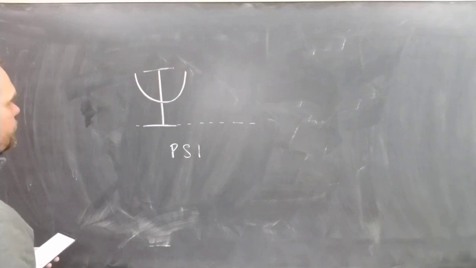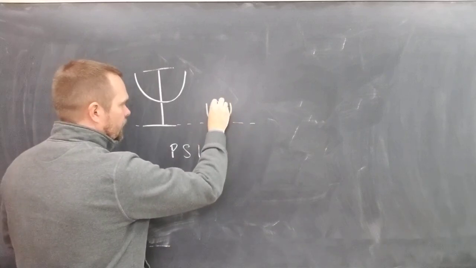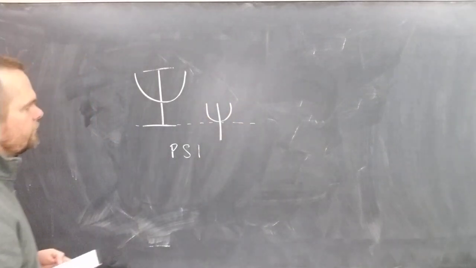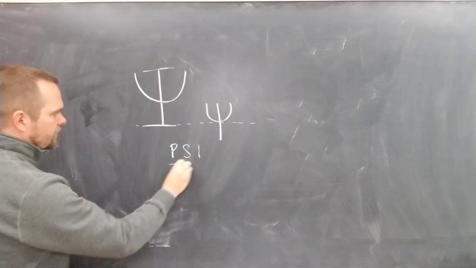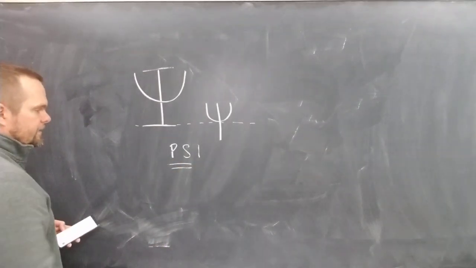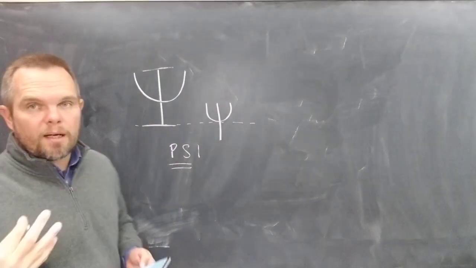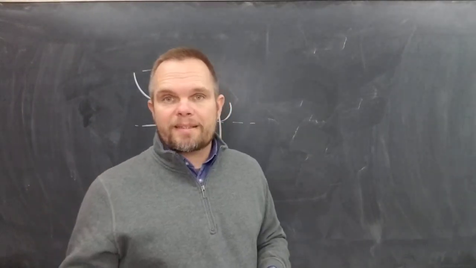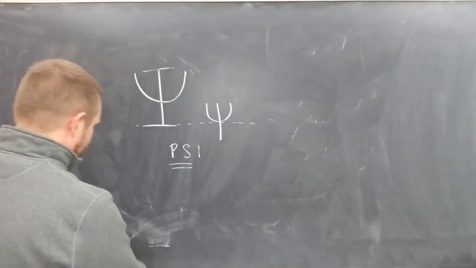Psi. And the lowercase form is similar: draw a U with a line through it. Okay? That's Psi. It's a double consonant, transliterated with PS, and it makes the sound of the double consonant, ps. That's the Greek psi.